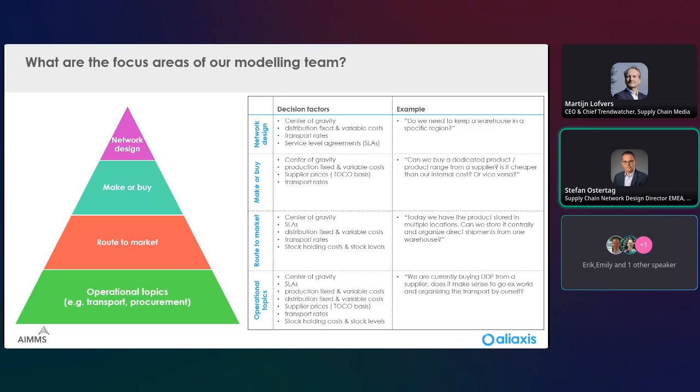What we normally do in operational topics where we speak about transport and procurement, I put a use case on the slide. Sorry, it's a bit small. I hope you can read it. One of the typical use cases is we buy something today from a supplier DDP, so transport included.